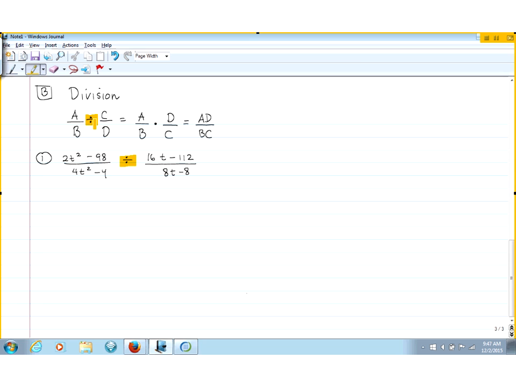So this is division. So we need to change it first, don't we? So change it to multiplication. So we rewrite this: 2p squared minus 98 over 4p squared minus 4, multiplied by 8p minus 8 over 16p minus 112.